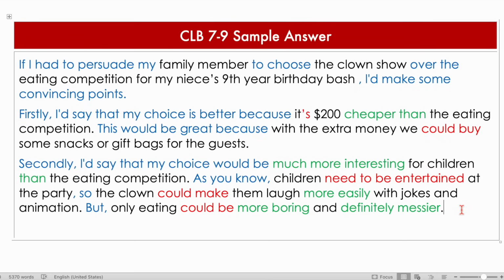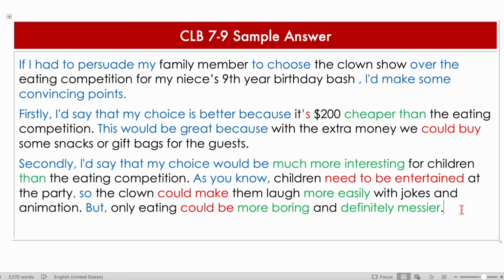Okay, so there you go. You see, I gave a reason why it's much more interesting. And at the same time, I said why the eating competition is not good because it's boring and messier for sure, all that food. Okay, so that's good.